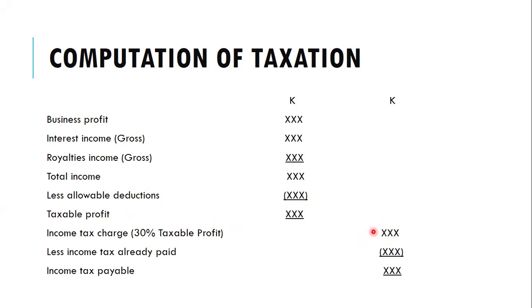Then from that income tax, you deduct tax already paid. You deduct withholding tax from interest income, withholding tax from royalties, and the provisional tax already paid. Then the balance here is the income tax payable.